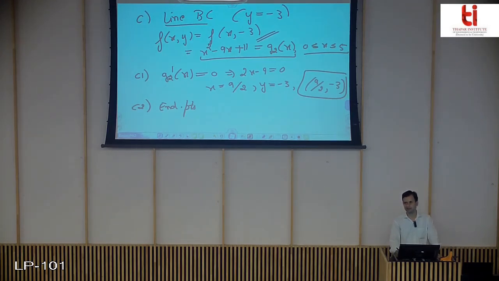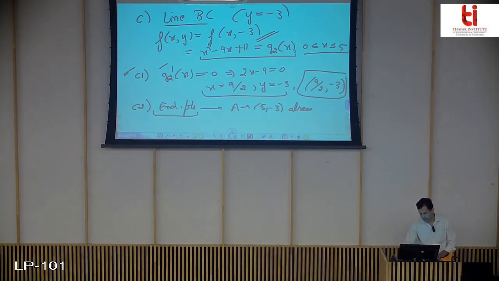For finding the extreme values on this line segment BC, we check g2'(x) equals 0 and get this point, or extreme values can exist at the endpoints. The endpoint is B, sorry, it is B, (5,-3), and the other point is C, which is (0,-3).